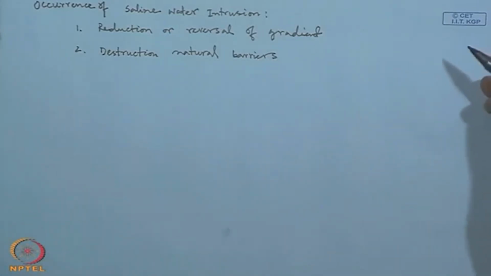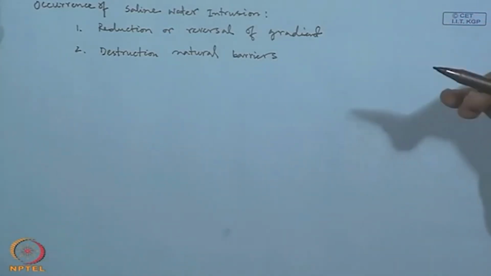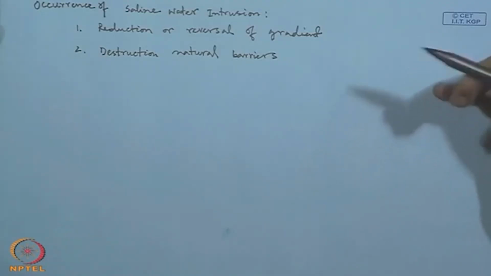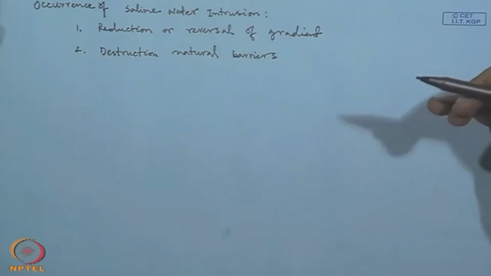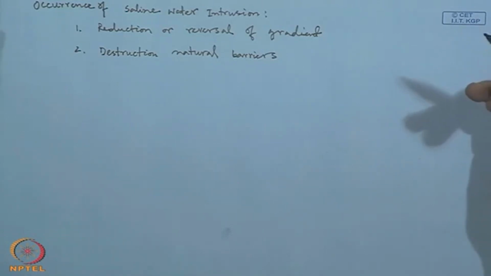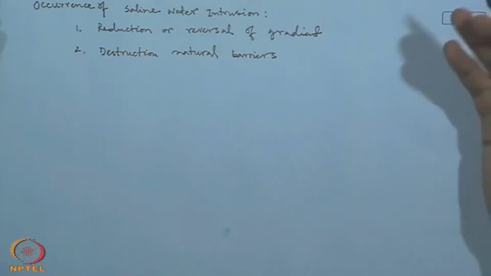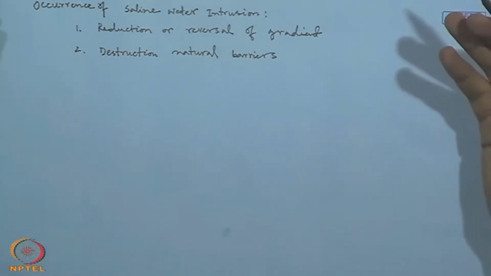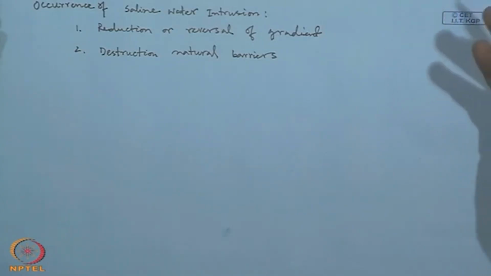Destruction of natural barriers, this is another important reason for saline water intrusion. What are these barriers? Maybe we can say our Sundarban region, we have mangroves, and destruction of mangroves can cause saline water intrusion in this coastal region.